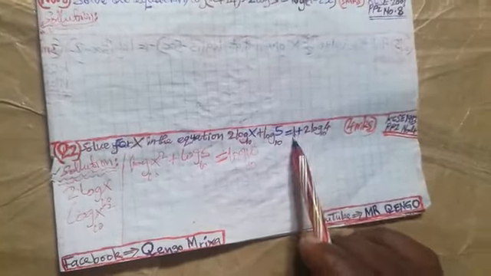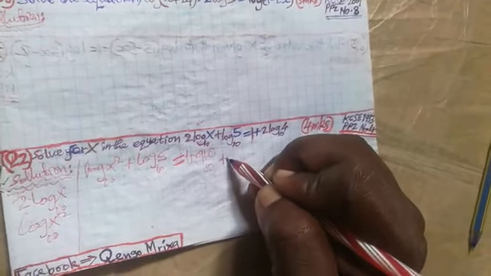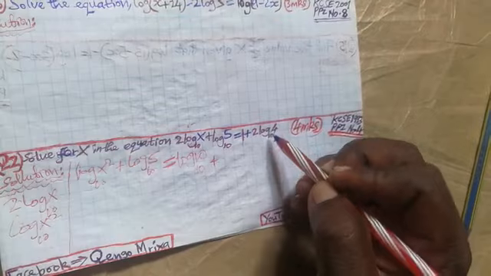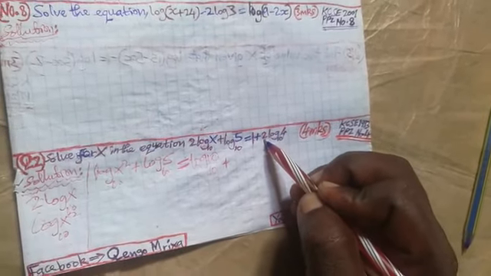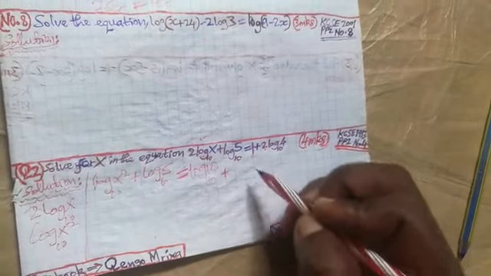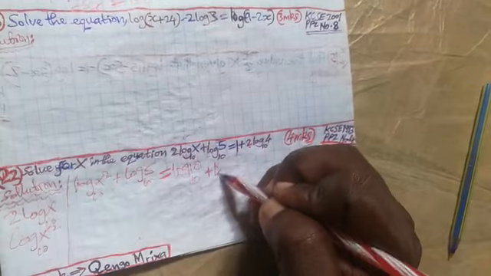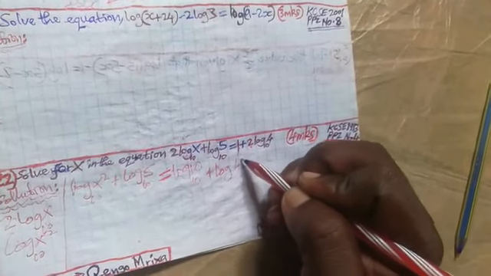Then plus 2 log 4; if we apply the power rule here, it is equivalent to log of 4 to the power 2.